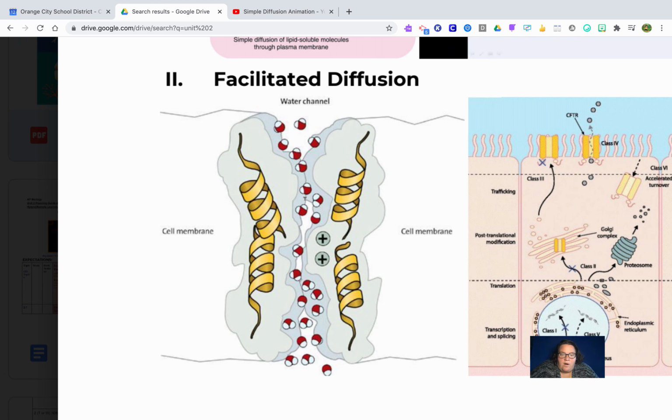All right, so the channel protein has its tertiary structure, and in the middle of the channel there are some positive amino acids, and they're going to attract the negative parts of the water molecule, the oxygen, the partial negative, and flip it down.